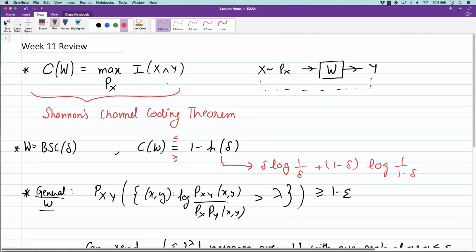This is called the converse part, which will complete the proof of Shannon's channel coding theorem. After that, in the final unit for this course, we will look at, not a discrete input, discrete output channel, which is what we have been looking at till now, but a continuous input, continuous output channel, namely the additive white Gaussian noise channel. Okay, so see you in the next lecture.